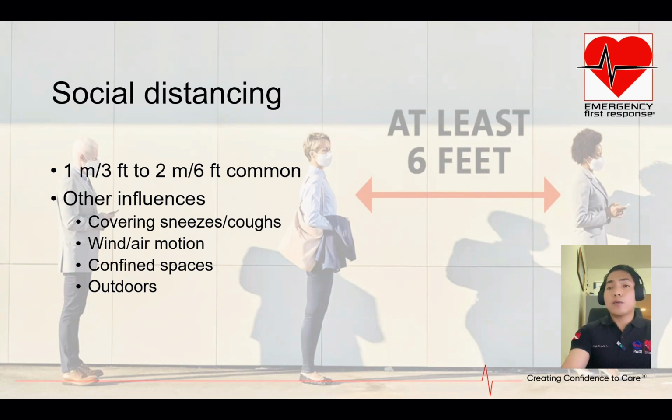Wind and air motion can carry droplets toward or away from people. Confined spaces with little ventilation can easily accumulate airborne droplets and particles and increase risk. Being outdoors tends to dilute and carry away pathogens, reducing risk, though some remains, especially if close to an infected person for an extended period of time.